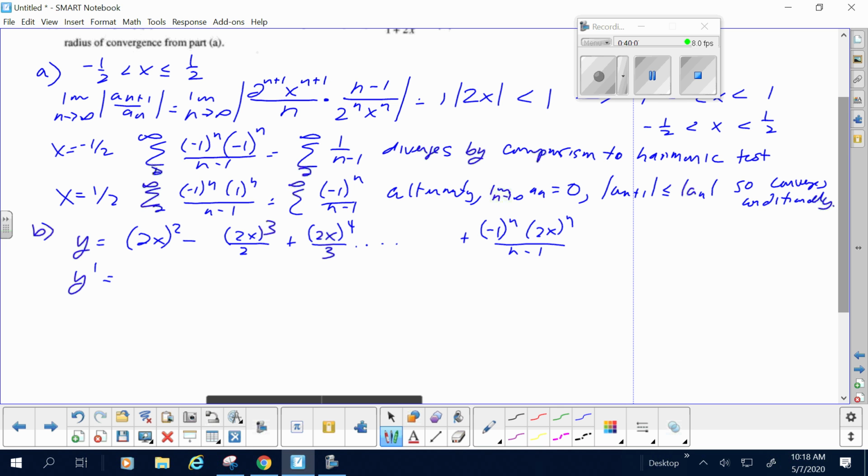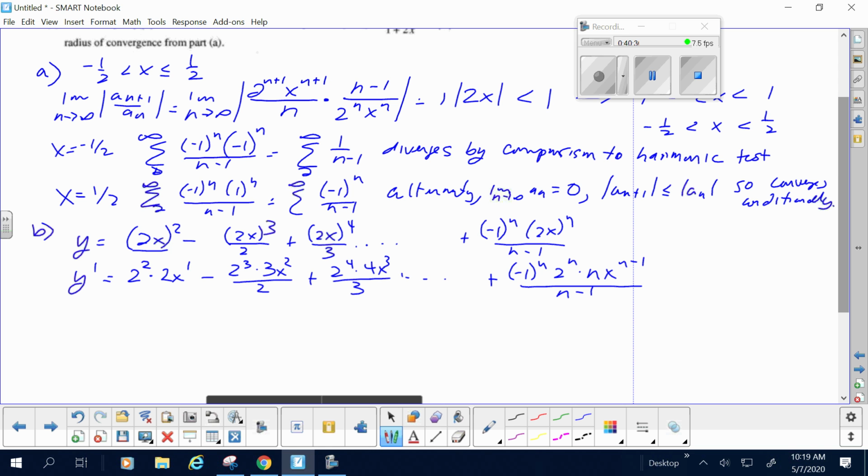So the derivative of this would be 2 squared is the coefficient, and then the derivative of x squared is 2x to the first, minus 2 cubed is the coefficient, the derivative is 3x squared, still over 2, plus 2 to the fourth times 4x cubed over 3. And eventually, generally, negative 1 to the n, 2 to the n, and n, x to the n minus 1 over n minus 1.